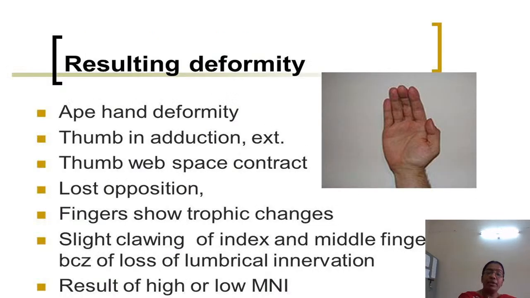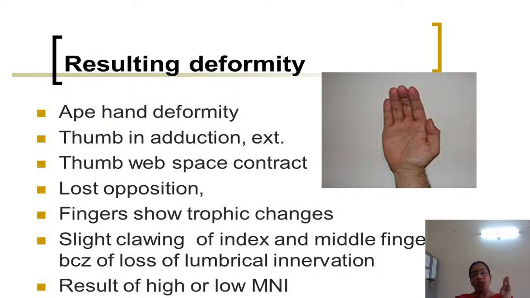Now the applied part of the median nerve. What is the applied aspect? When there is a median nerve injury, whether high or low, one common thing that happens is ape hand deformity. What you are seeing is ape hand deformity: thumb in adduction and extended. The web space is contracted, there is no web space.